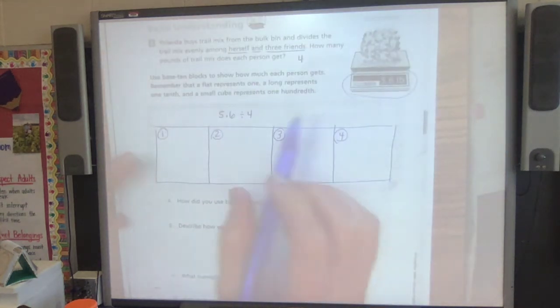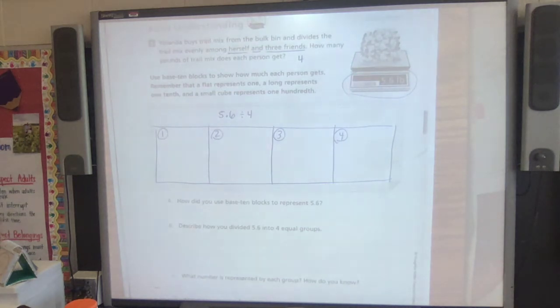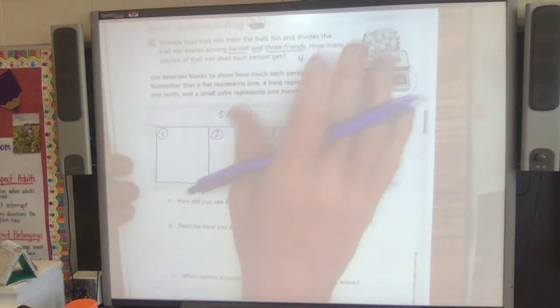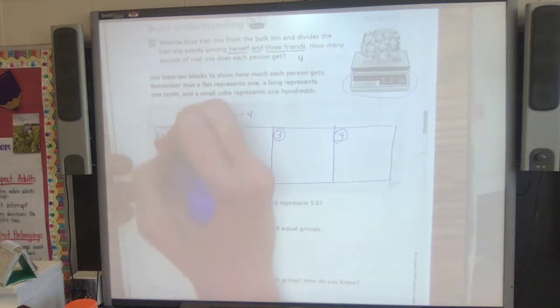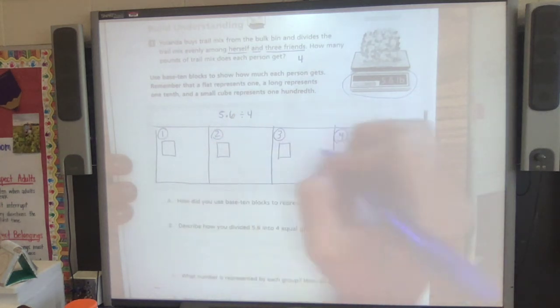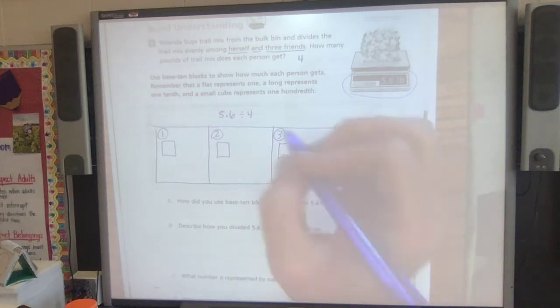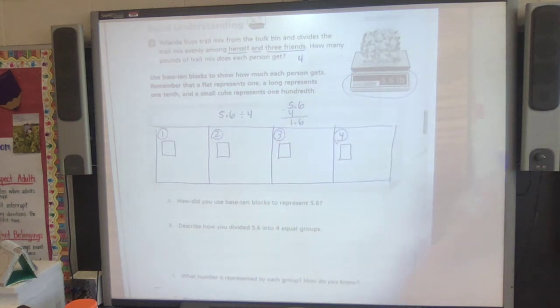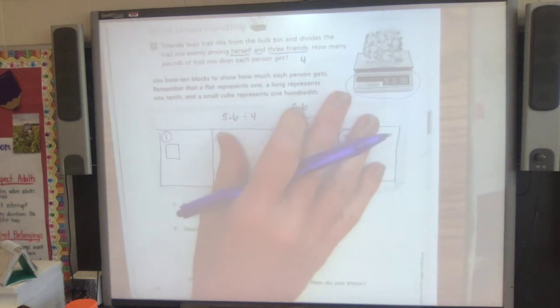Okay, so the first thing I'm going to do is look at that whole number 5. And I'm going to say, okay, well, if there's 4 of us, then I can get a whole pound. My friend can, this friend can, and this friend can. All right? So I had 5 6/10. I gave 4. I've got 1 6/10 left that I could represent here.